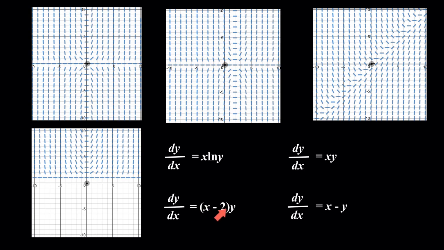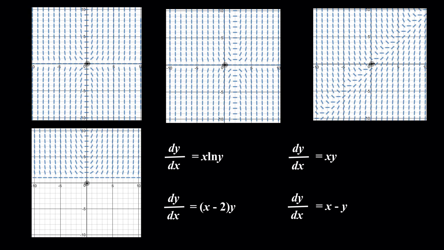And the one that generates that would be this differential equation here. On the next one, we see that at 1, 1, 2, 2, 3, 3, 4, 4, and so on, you have a horizontal tangent line, so your slopes are 0 whenever your x and y values are the same. Well, the differential equation that generates that would be this one right here, where if x and y are the same number, when you subtract them, you get dy dx is 0.